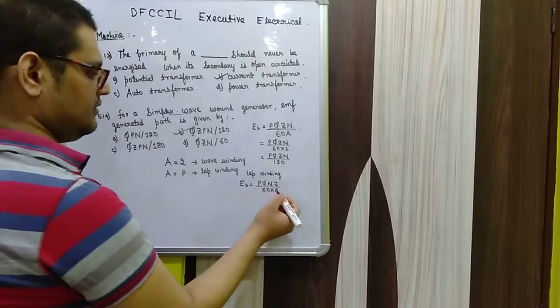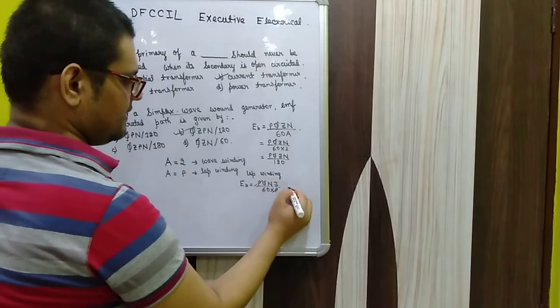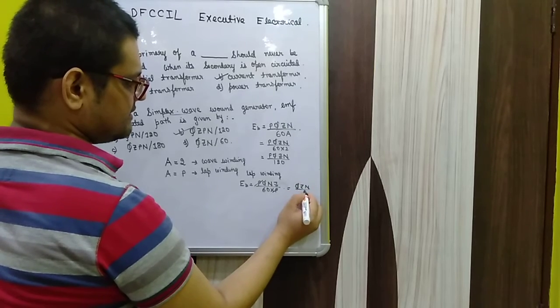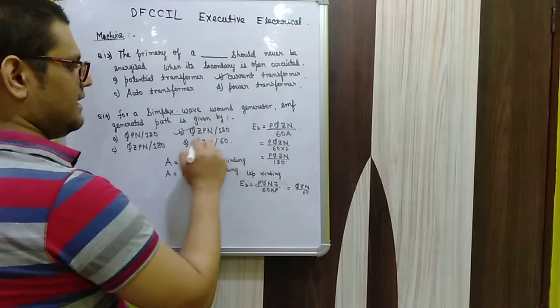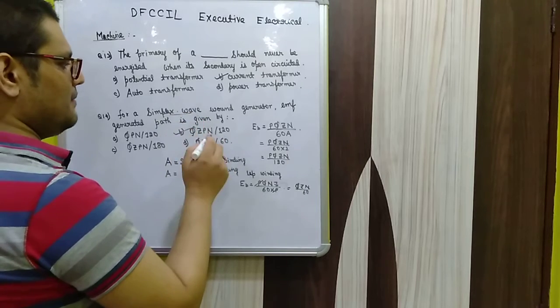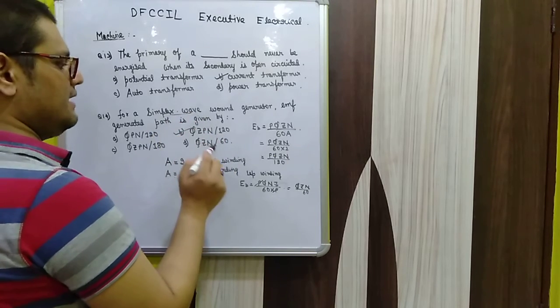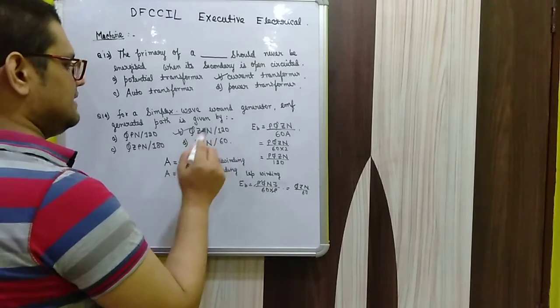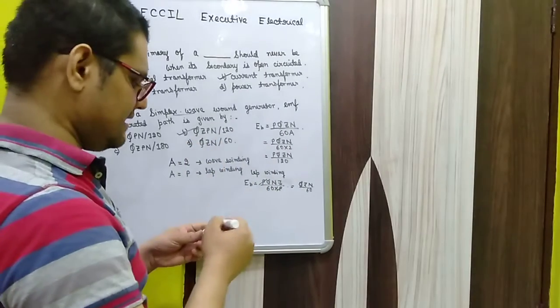So this will be cancelled, and it would be phi Zn by 60. Then option D would be correct in case of lap winding. But as he is asking for simplex wave winding, P phi Zn by 120 will be the correct answer. I hope this concept is clear to you now.